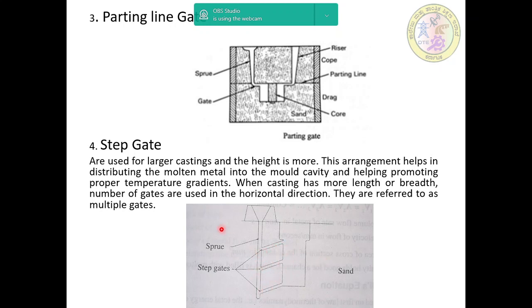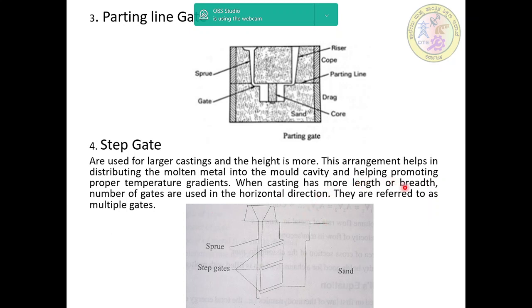That's why it's called step gates. They are used for larger castings where height is more. This arrangement helps in distributing the molten metal into the mold cavity and promotes proper temperature gradients.